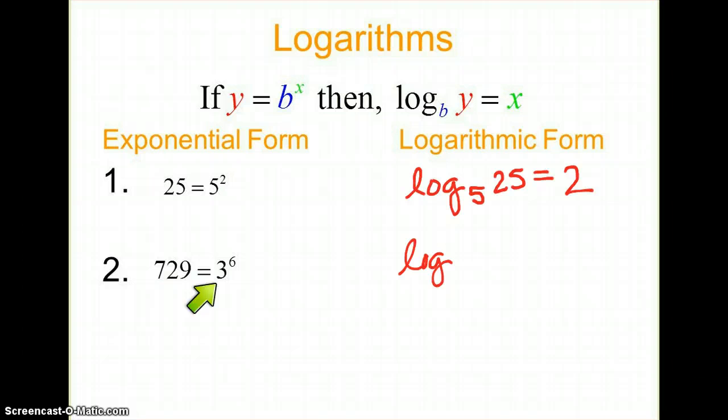The base of my power is 3, so this would be log base 3 of the number that my power is equal to, which is 729. If I saw log base 3 of 729, I would be trying to figure out what exponent I could put on 3 that would give me 729. In this case, I already know that's going to be 6 because of my exponential expression over here.